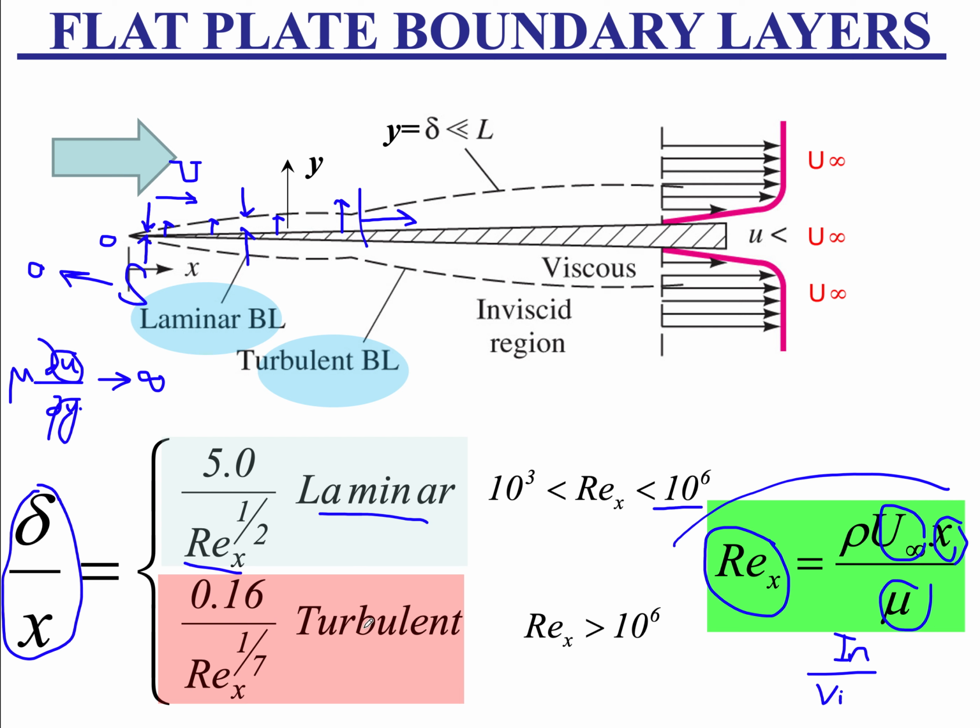But if my flow turns turbulent, which happens when the Reynolds number based on x goes beyond 1,000,000, I get a 1/7 power-law growth relationship of the boundary layer. So you guessed it right: if I take my velocity divided by delta, I expect my shear stress tau to scale with u over delta.